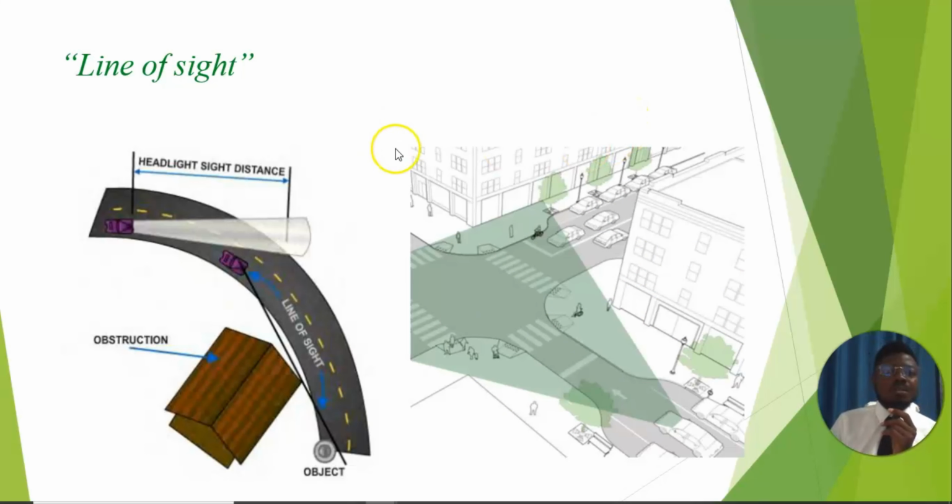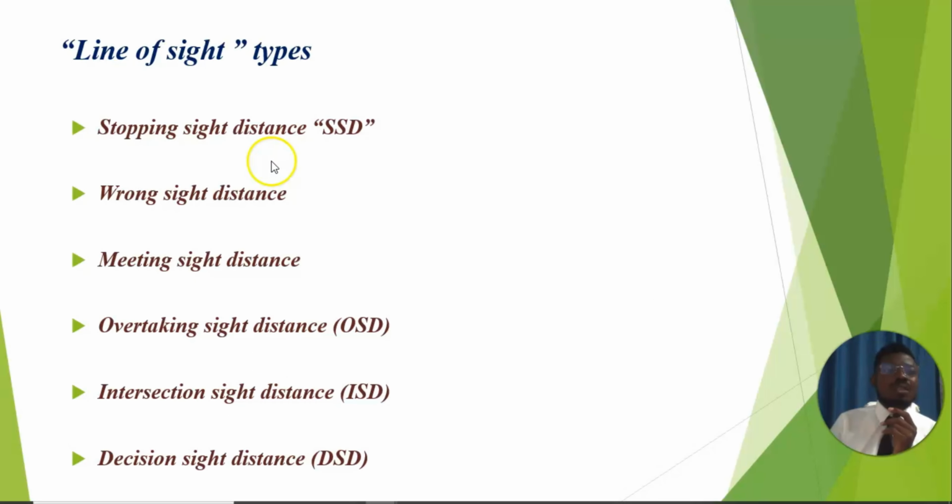We are going to be looking into the types of line of sight we have. We have the stopping sight distance, which is called the SSD. We have the wrong side distance, the meeting side distance, overtaking side distance, intersection side distance, and we also have the decision side distance.